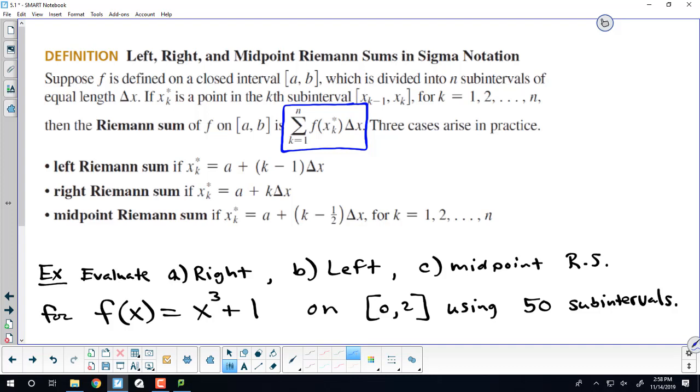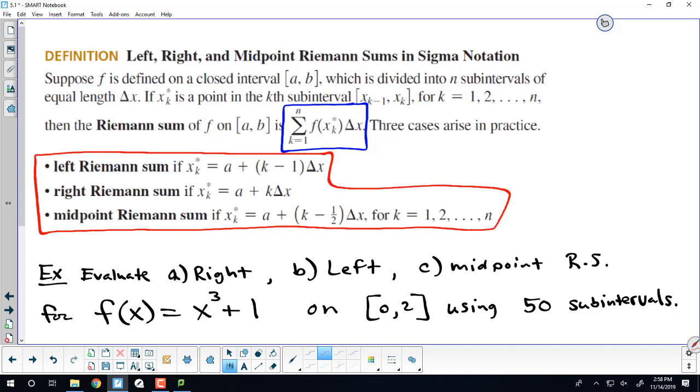Delta x is the equal length of the rectangles partitioning a, b. In addition to compacting the notation, we're getting a specific way to come up with the thing we plug into the function if we're using left, right, and midpoint Riemann sums. That way we don't have to find all of the grid points or the partitions.